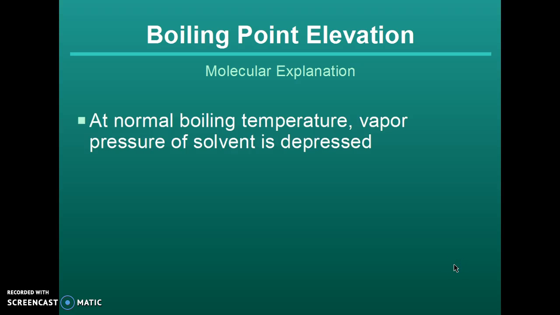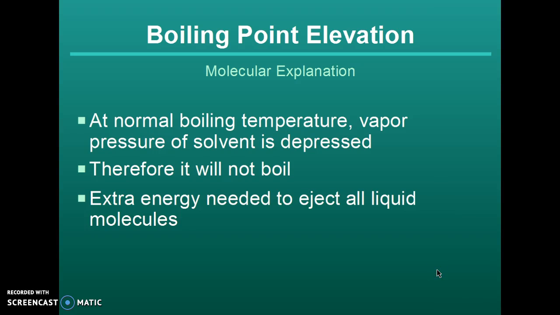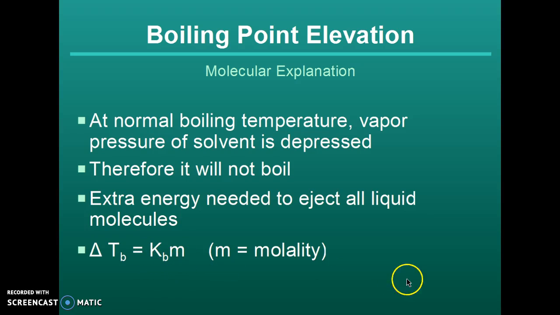The vapor pressure of the solvent is depressed at the normal boiling point, so it won't boil at the normal boiling point. You need extra energy to eject all the liquid molecules into the gas phase, and the delta T for the boiling point is equal to some constant times the molality of the solute.